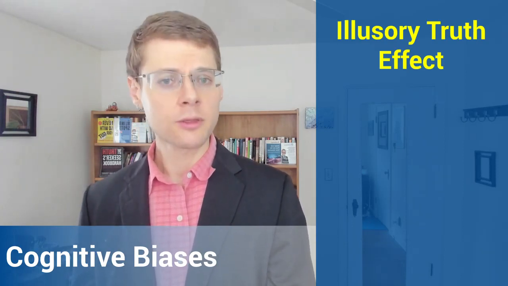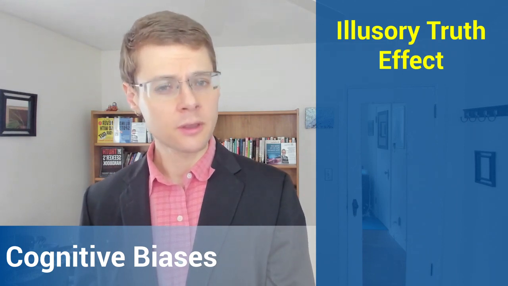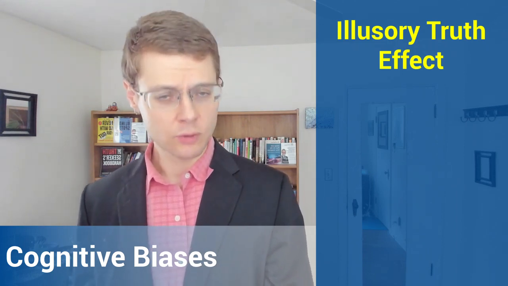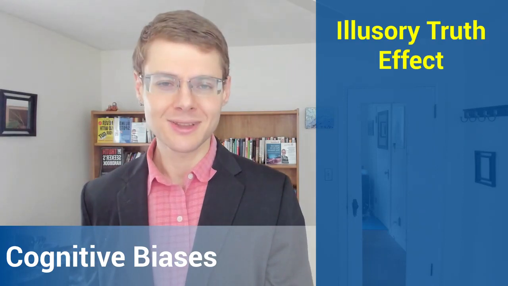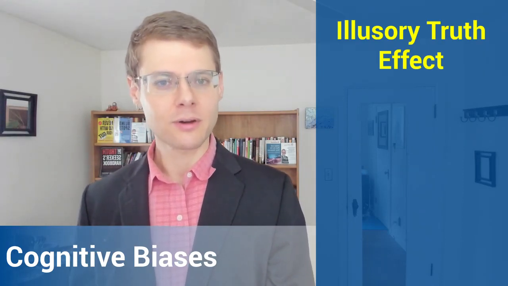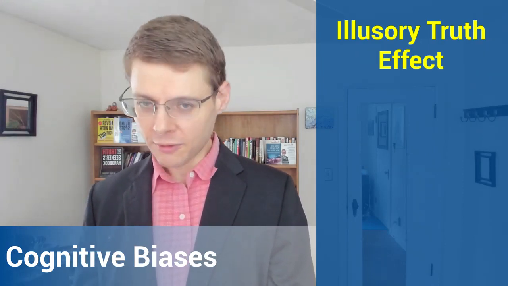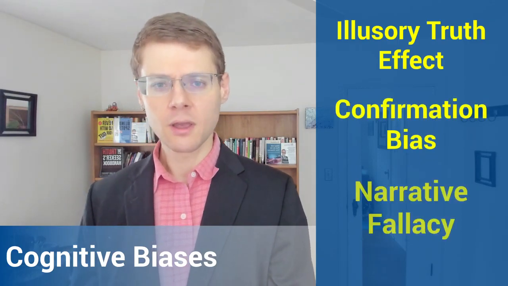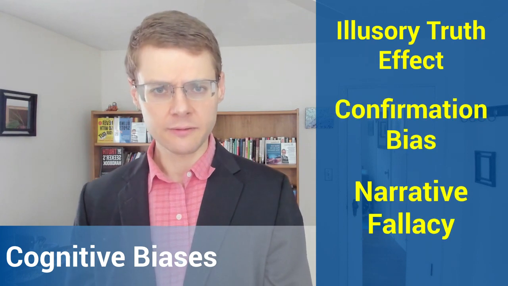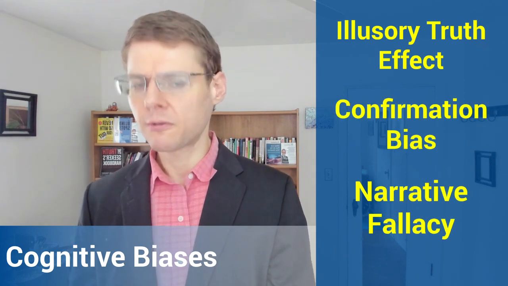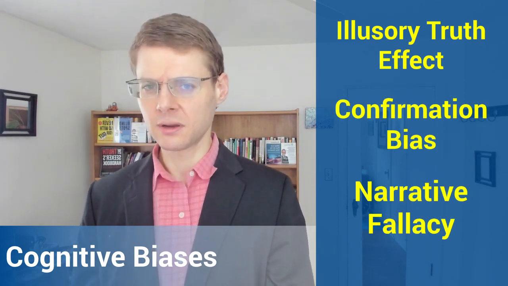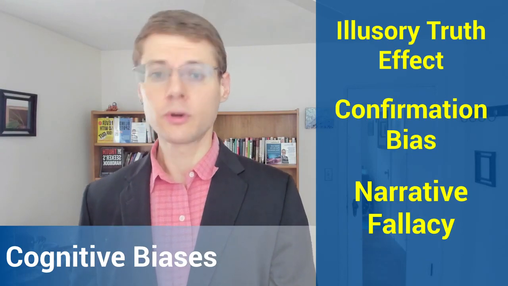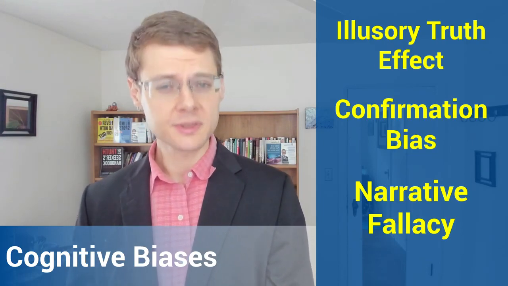You can learn more about them in my book, Never Go With Your Gut: How Pioneering Leaders Make the Best Decisions and Avoid Business Disasters, or just look up the list on Wikipedia if you want a quick reference guide. But there are 3 that are most important for addressing misinformation: illusory truth effect, confirmation bias, and narrative fallacy. Those are the 3 you want to really focus on in order to protect yourself from misinformation.